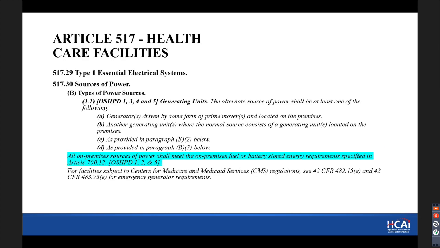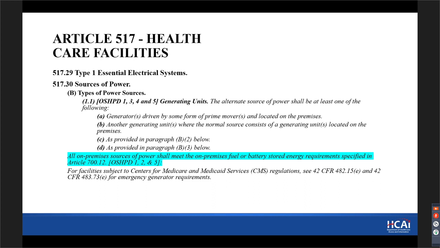Okay, sources of power. So essentially, the code allows that for emergency sources of power, generators, you'll see as provided in B2, fuel cells, as provided in B3, is batteries.